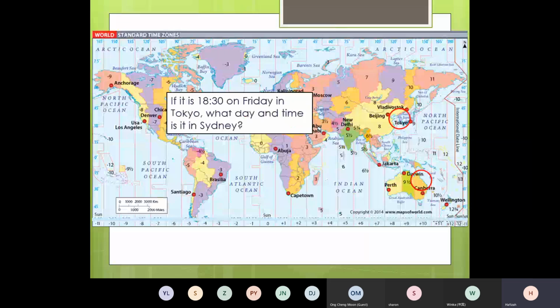If it is 18:13 on Friday in Tokyo, what day and time is it in Sydney? What we want to find here is Tokyo. Tokyo, you write down the GMT first. What is the GMT of Tokyo? It is plus 9. And then they want to know Sydney. What is the GMT of Sydney?